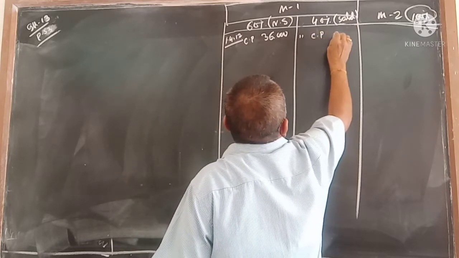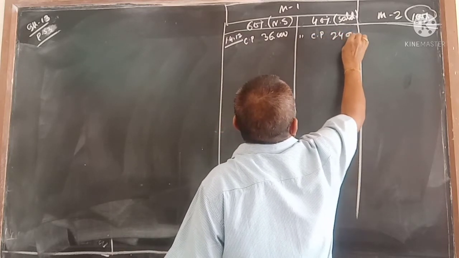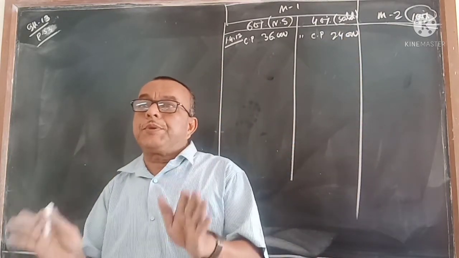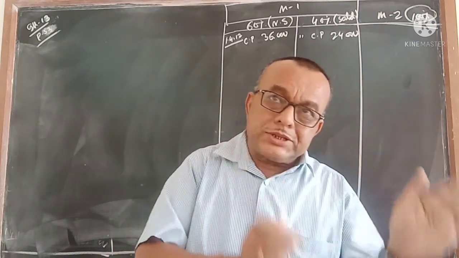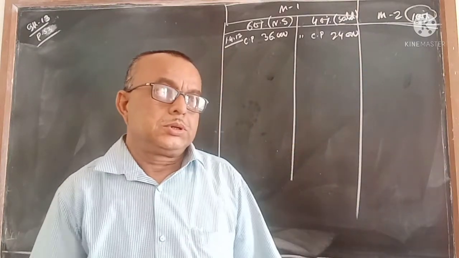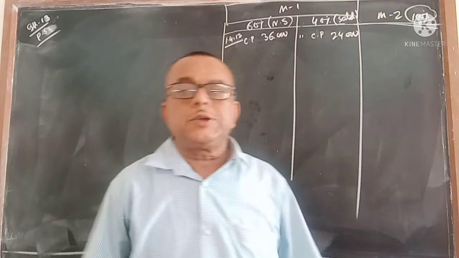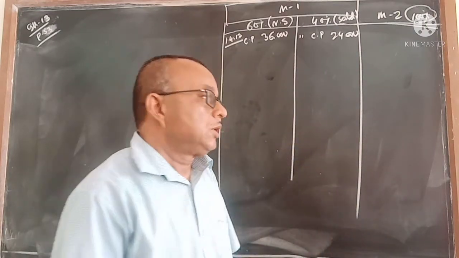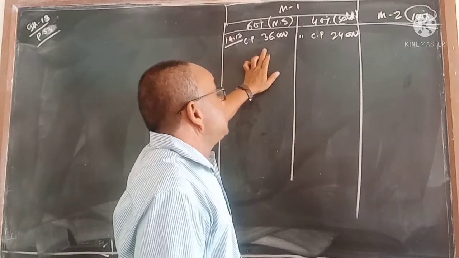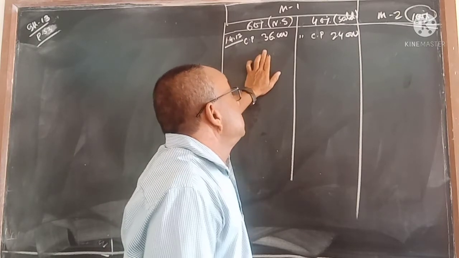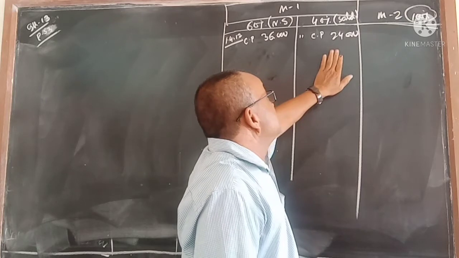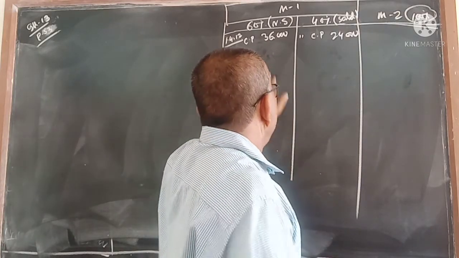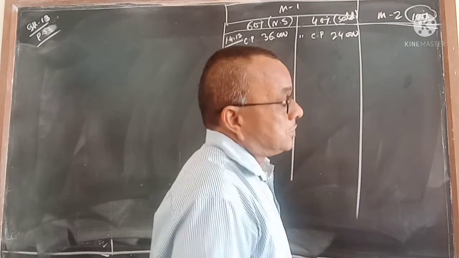The CP of the other part is 24,000. Got it or not? Machine 1 total CP is 54 plus 6 is equal to 60,000. Now 60% of 60,000 is equal to 36,000, and 40% of 60,000 is 24,000. 24 plus 36 comes to 60,000.